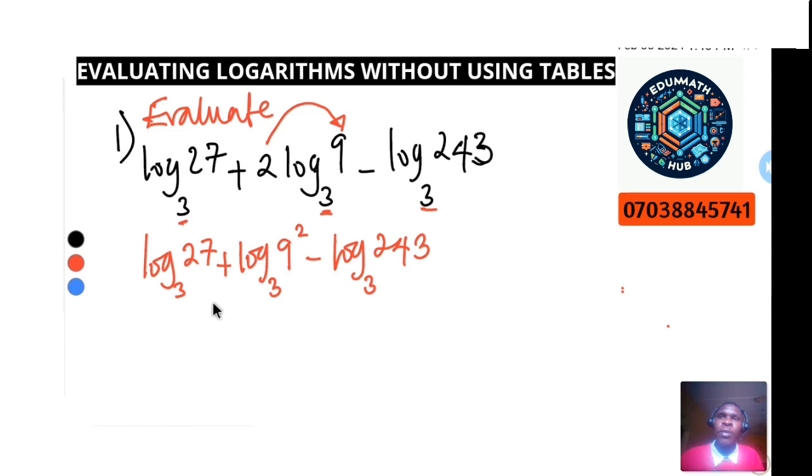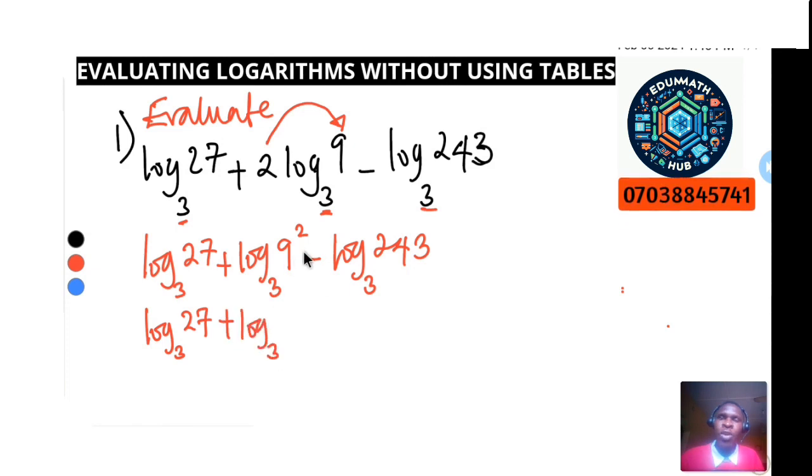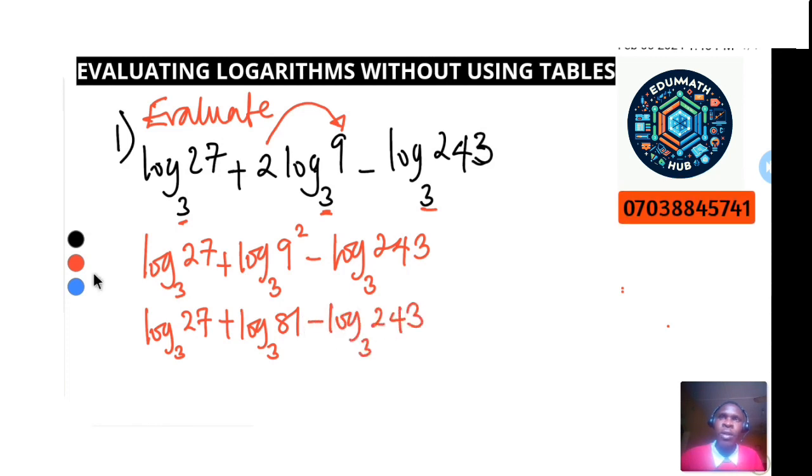Next step, you break down 9 squared, so you have log to base 3 of 27 plus log to base 3 of 9 squared, which is 81, that's 9 times 9, minus log to base 3 of 243.